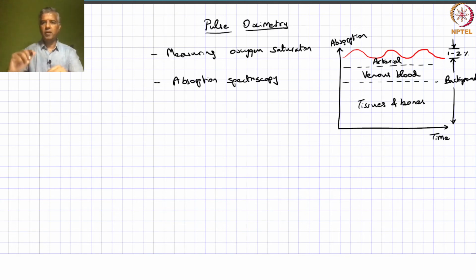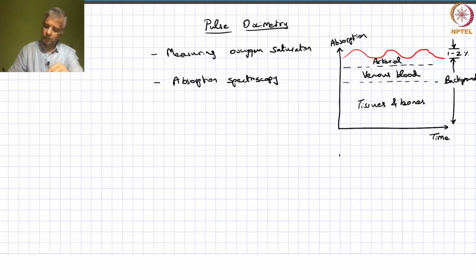You can rely on the fact that absorption as a function of wavelength changes for the blood with oxygen, the oxygenated hemoglobin, versus non-oxygenated hemoglobin. Okay.